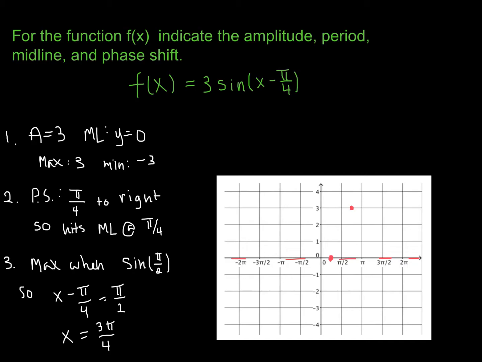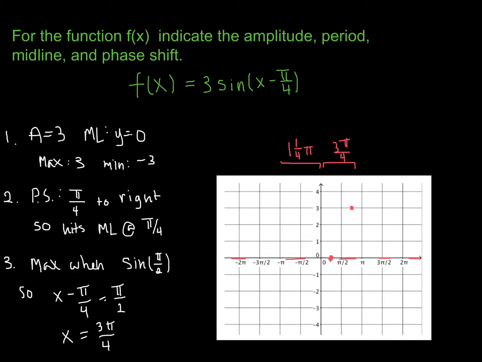Now we can plot where the next max is going to occur. So what is the period? Well, we know that the b value is 1, so my period is 2 pi, and so I'll have to move 2 pi to the right, or 2 pi to the left to get the next maximum. If we move 2 pi to the right, we'll be off the screen. We'd be at 2 3/4 pi, so we can move 2 pi to the left.